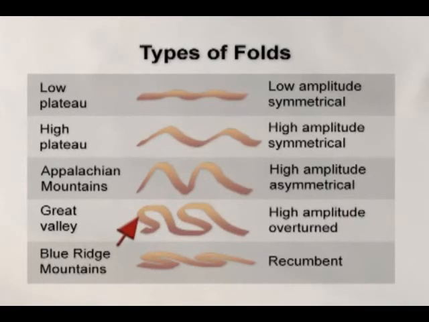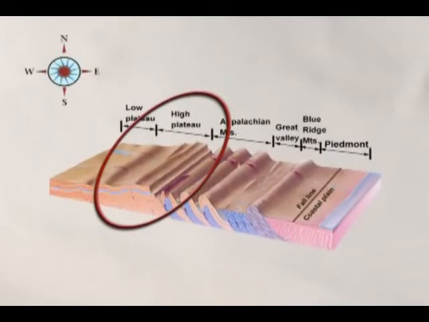Then when you get over to the Valley and Ridge, the real mountains, these are the ones you can really see as you drive through on the interstate, for example. What you're going to see are the folds are highly, highly asymmetric. Usually that western limb is almost vertical in almost all the cases, so they're highly asymmetric now. Once you get up onto the plateau, things change a lot.